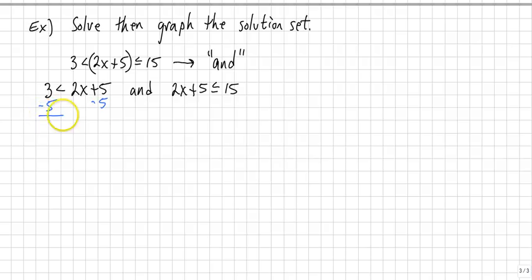So subtract 5. And we get negative 2 is less than 2x. And we can just divide both sides by 2. And we get negative 1 is less than x, or x is greater than negative 1.